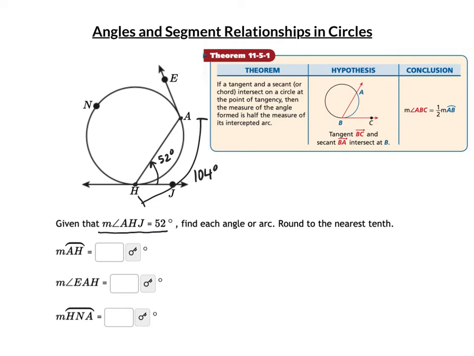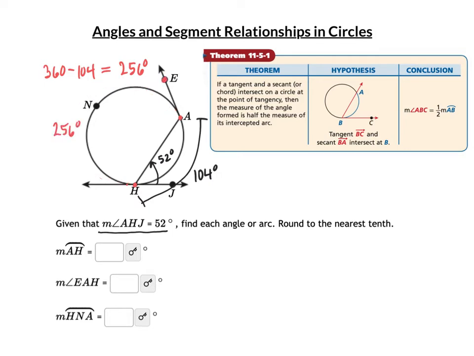There are only 360 degrees in a circle, so then we know that from here clear around to here is the rest of the circle. It's going to be 360 minus 104. That's 256 degrees. So that other arc, it's a major arc because it's more than 180, is 256 degrees.